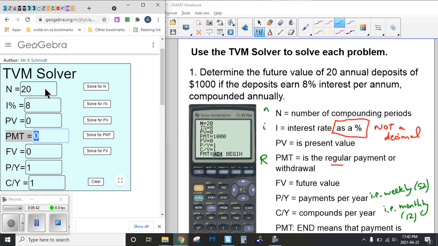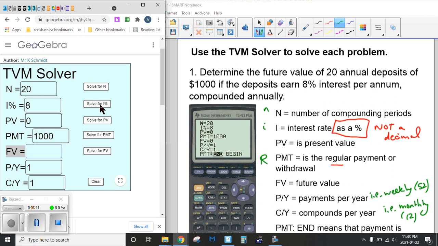The payments are $1,000. The future value is not known yet. So on the graphing calculator that defaults to a 0, you can leave the 0 there or even erase it, since that's the thing we're going to want to find. And then we're compounding annually, so the payments per year and compounds per year are both 1 for annual.